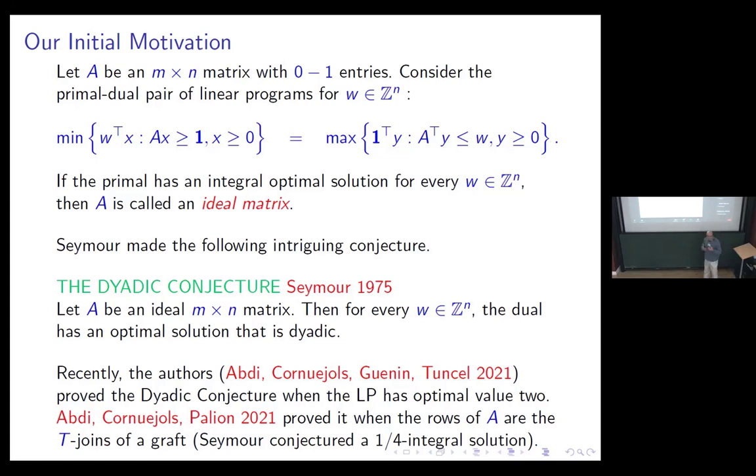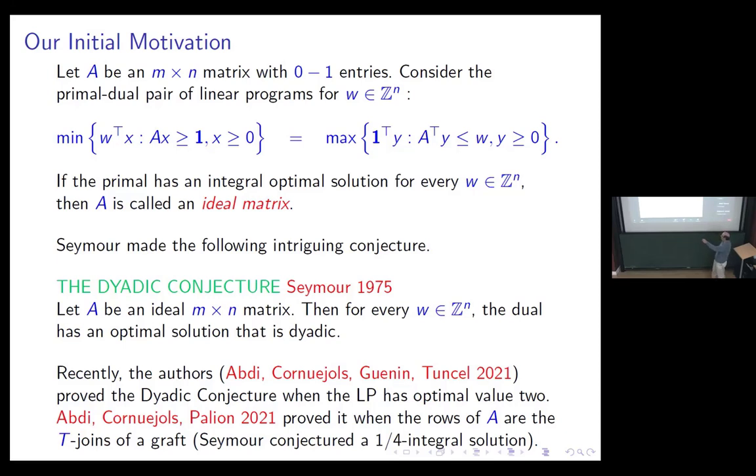So that was actually what motivated us to look at this kind of dyadic question. And we've been thinking about this conjecture of Seymour. We were able to prove it in a couple of cases.